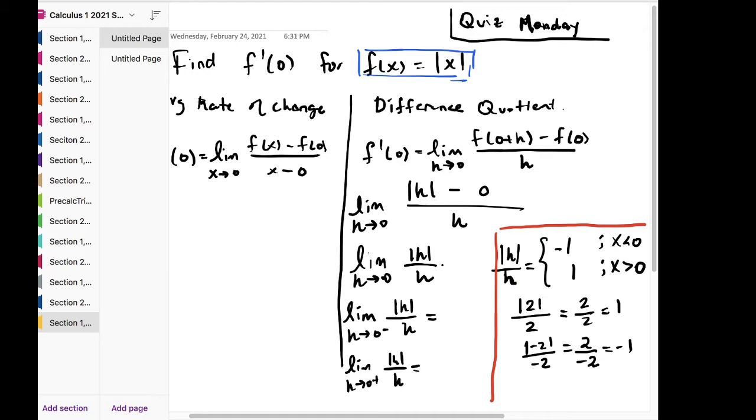Good, because these are values to the left of 0. And the right limit is 1, because these are the values to the right of 0. And since the left and right limits are different, the whole limit does not exist.